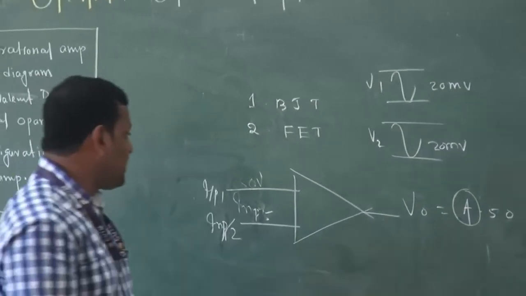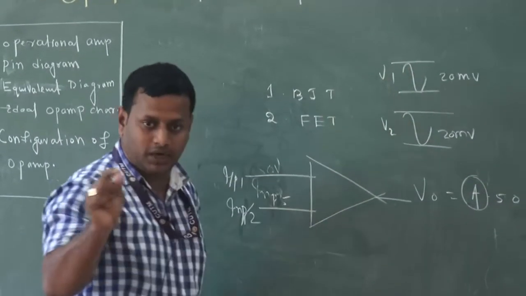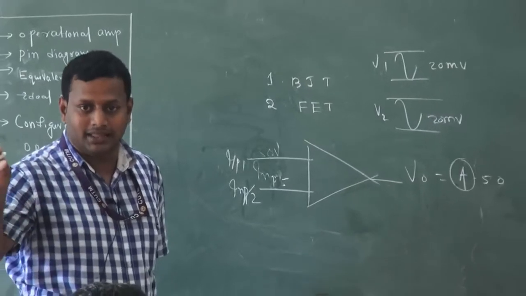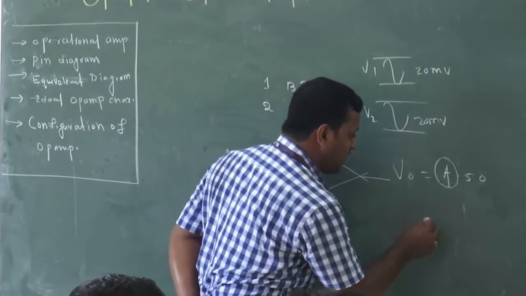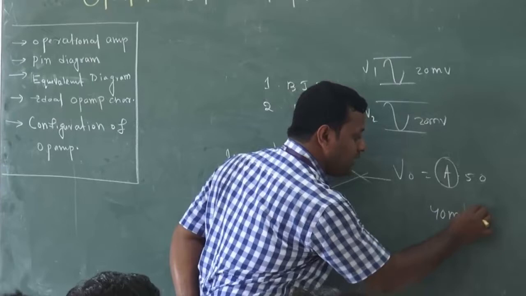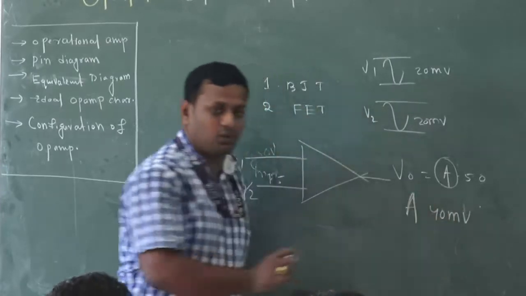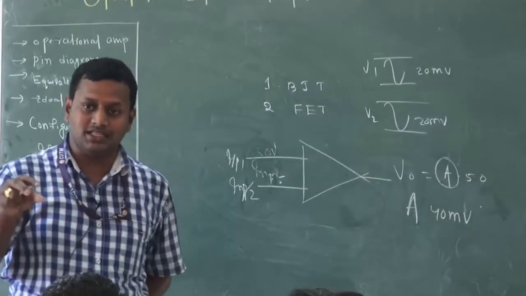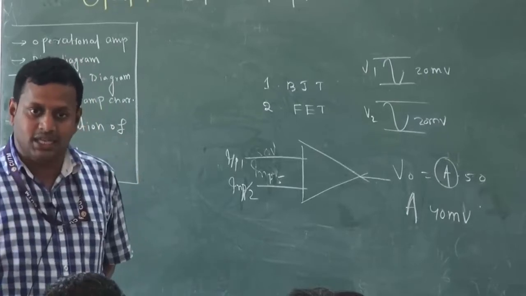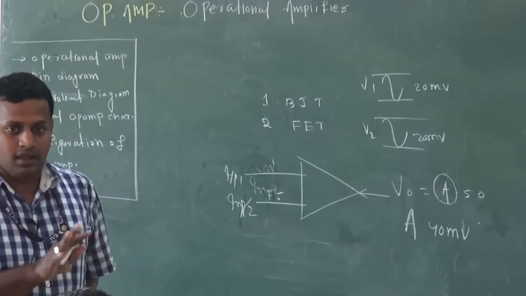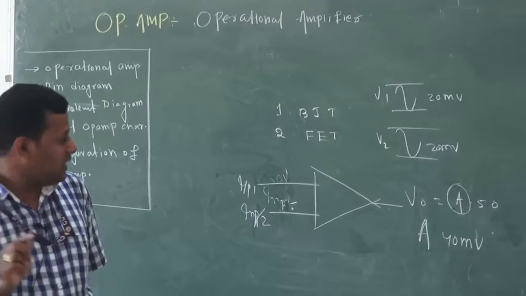In the output I can say 20 plus 20 is equal to 40, into some gain. In V0 I am getting 40 millivolt into the gain A. That means the output I am getting is simply the addition of the two signals times the amplifier gain. Am I clear? What does the operation mean?